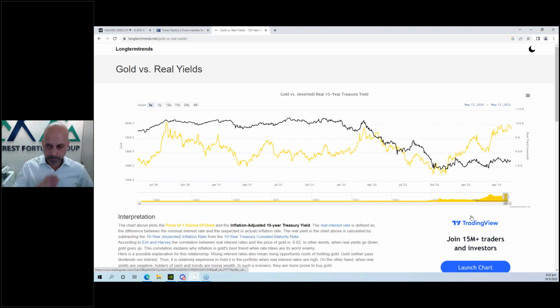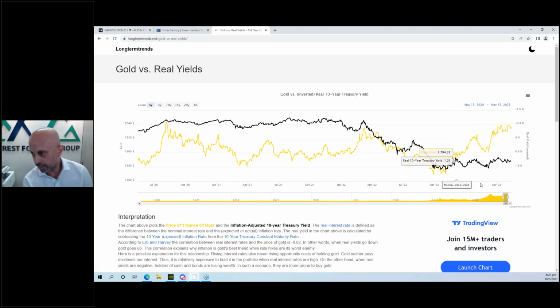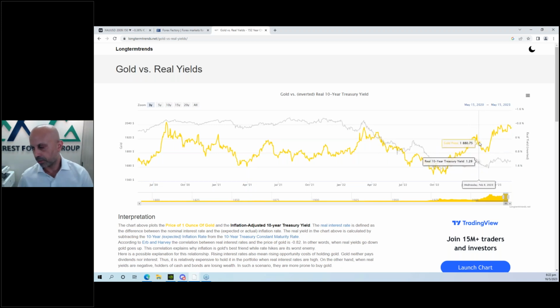So you can use this website and see where real yields are heading. You can see real yields have been ranging between positive 1.6% and about 1.2%, and at the same time, the price of gold has also traded accordingly.